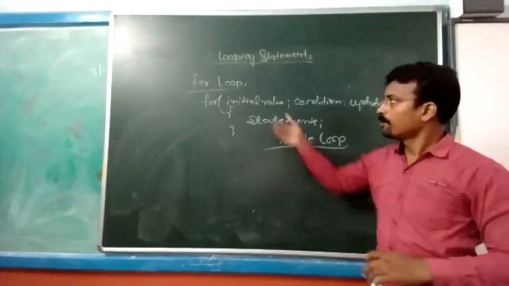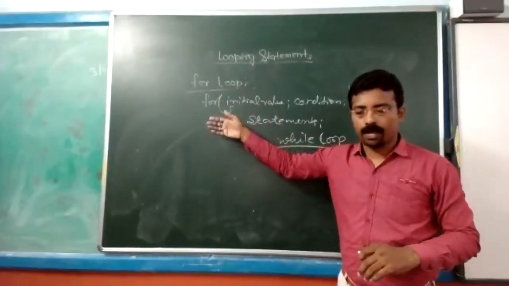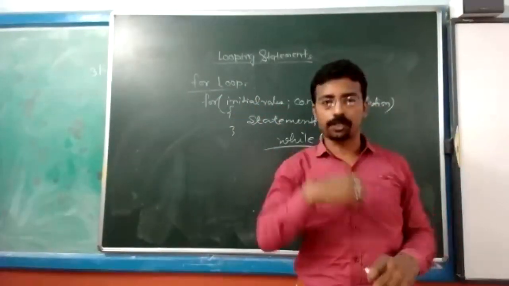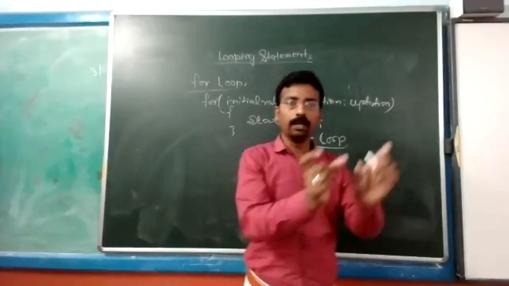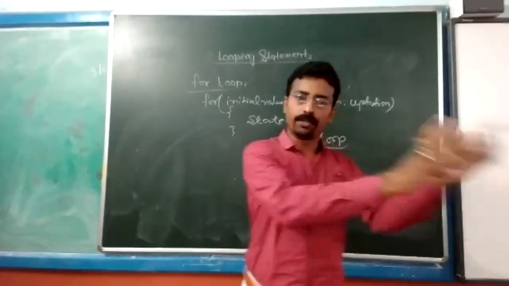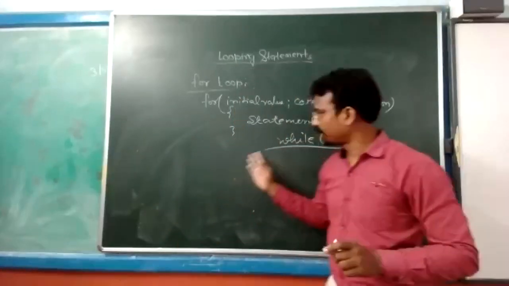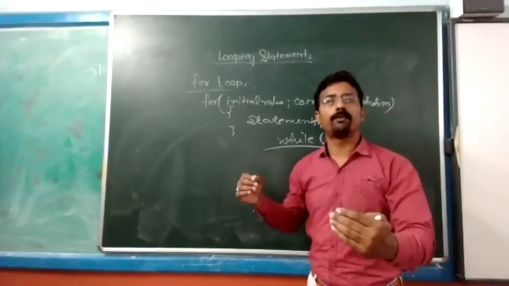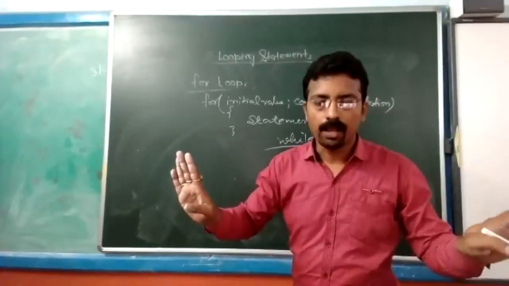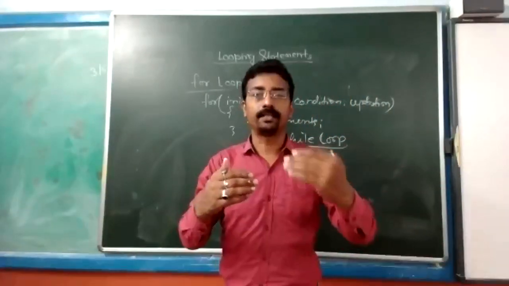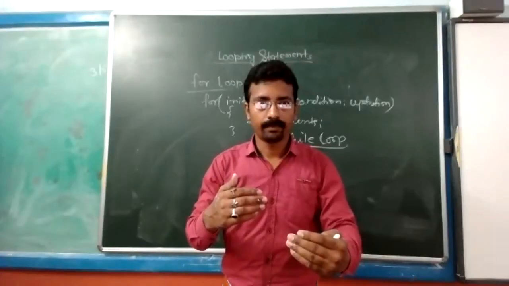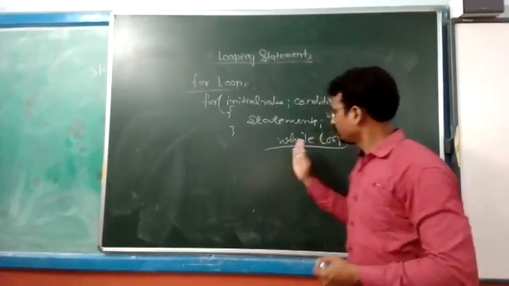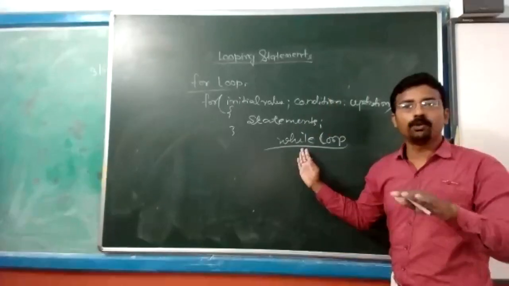One more time: a for loop is used for programs where we have a prediction that this particular program will be executed this many times. A while loop is used at the place where I am not sure how many times I have to execute. Got it? At that place, while loop is used.